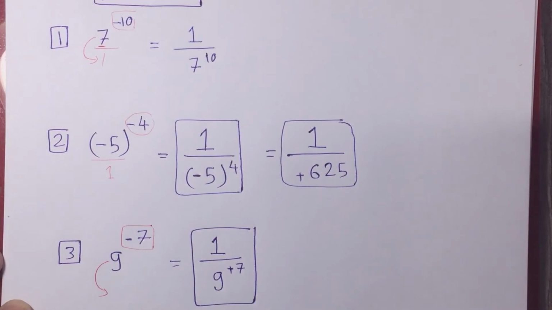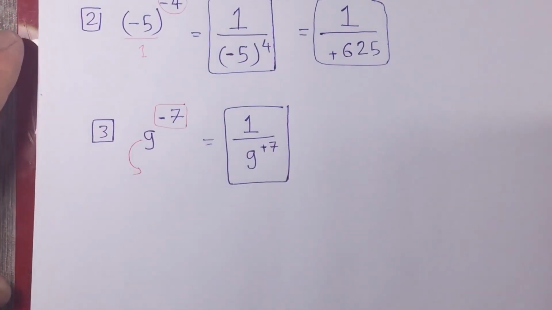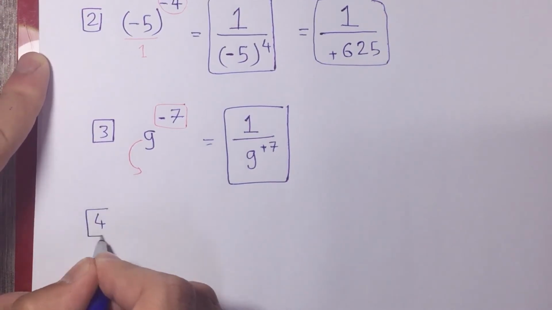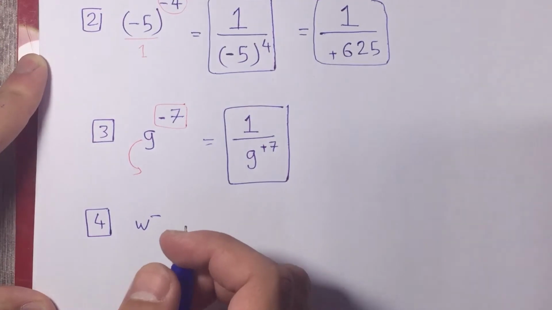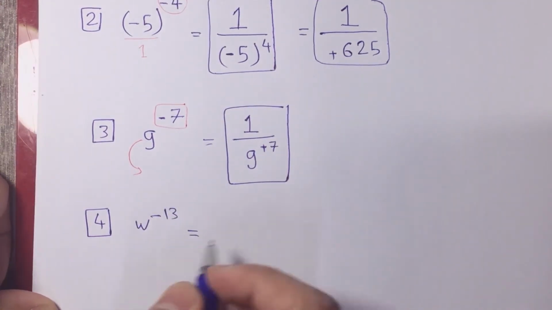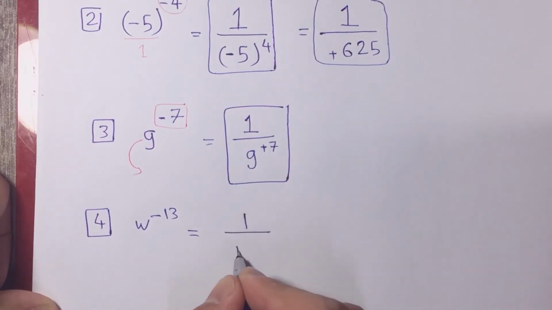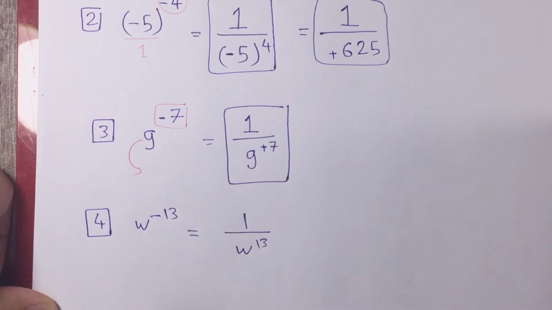What about number 4? Number 4, just the same. w to the negative 13 will be equal, change the place, 1 over w, and then change the sign: 1 over w to the power of 13.